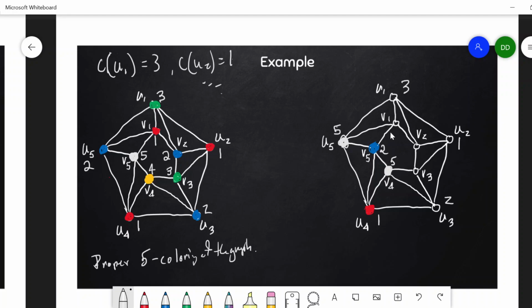A 3. A 1. A 2. A 3. And that should do it.